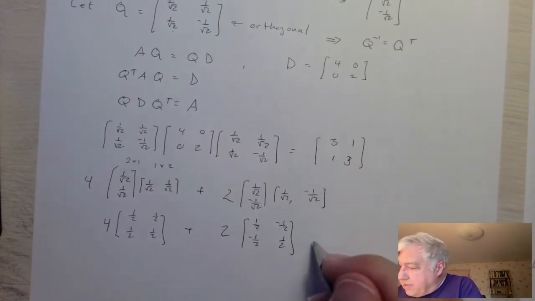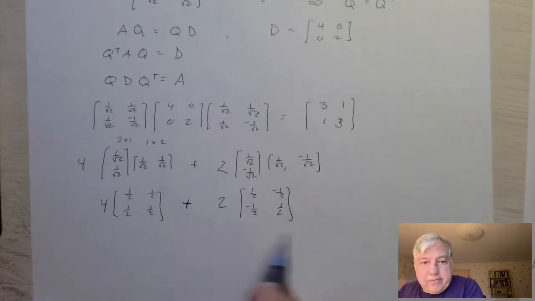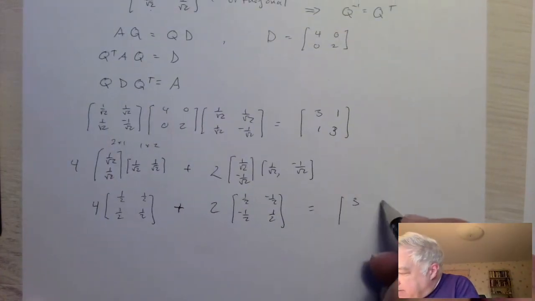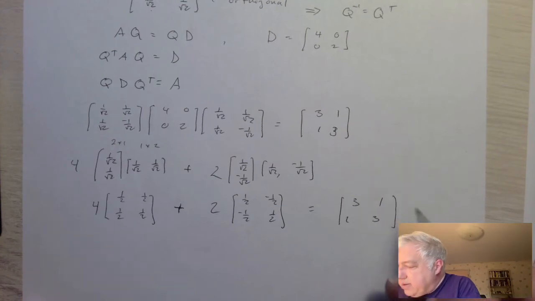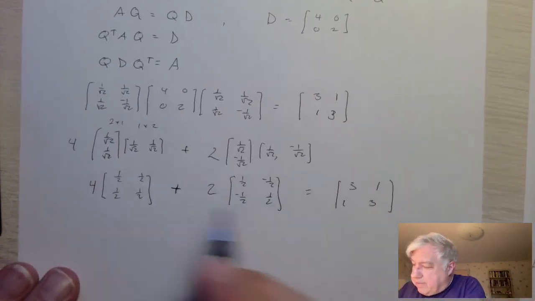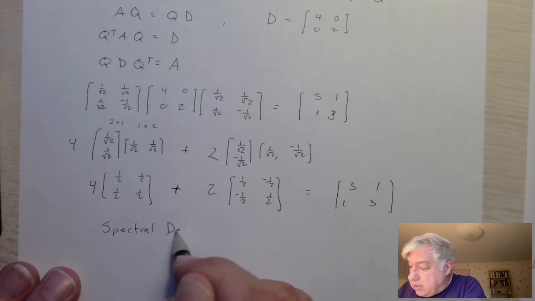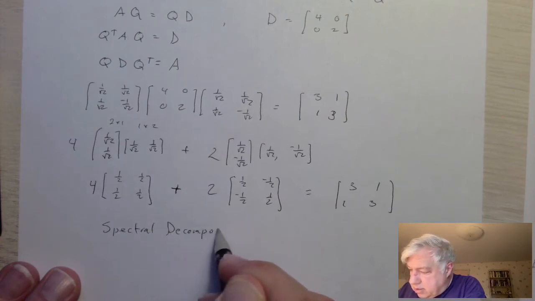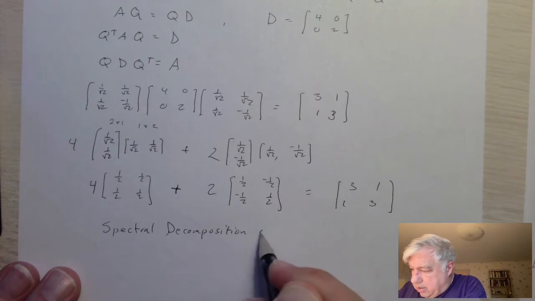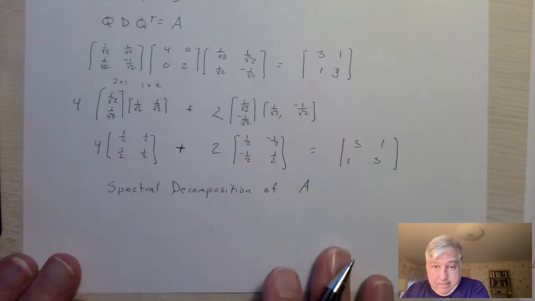And when you multiply this all out, this in fact is 3, 1, 1, 3. And this is called the spectral decomposition of the symmetric matrix A.